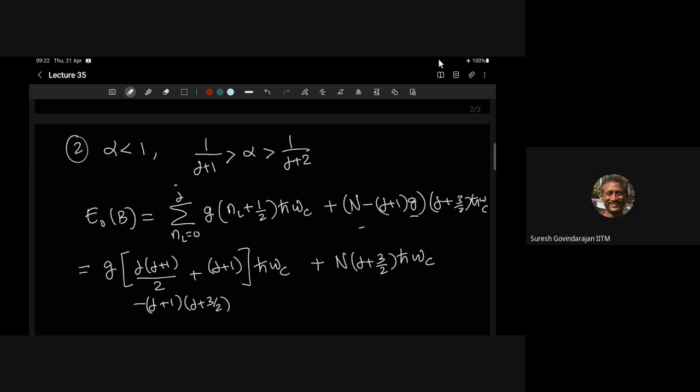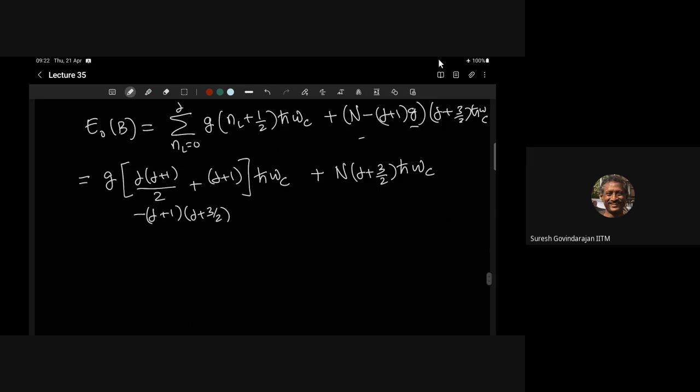I've just rewritten the term, so now you can simplify it. But we will also do one more thing: we'll pull out an overall factor of n. We need to check what G by N is.